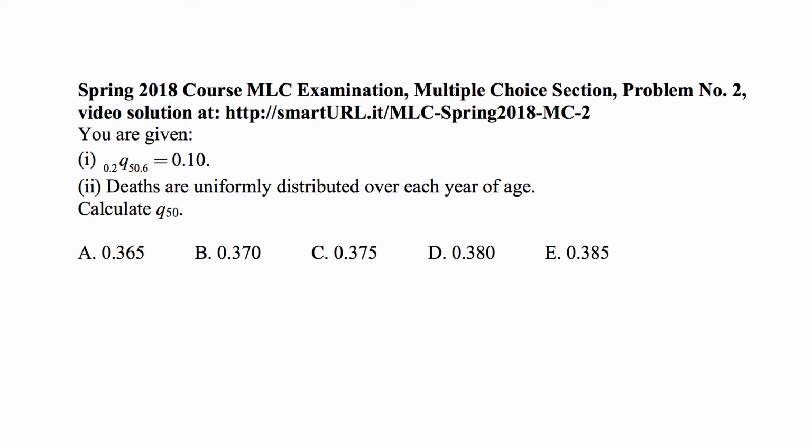In this problem, you are given that the probability that a person who is 50.6 years old will die within 0.2 years is 0.10, and that deaths are uniformly distributed over each year of age. Your job is to calculate the probability that a 50-year-old will die within a year.